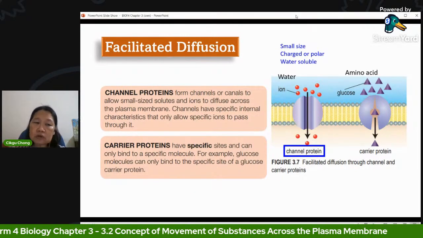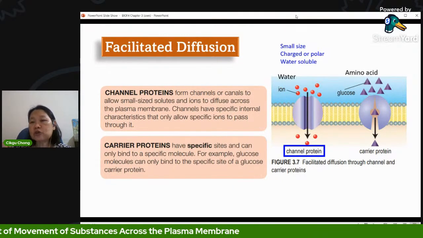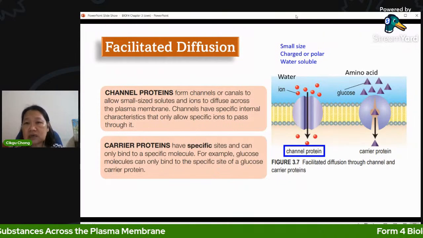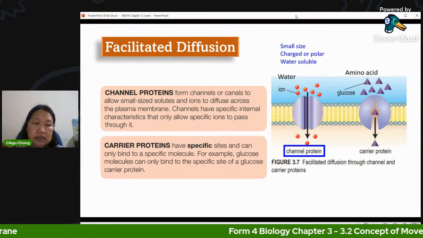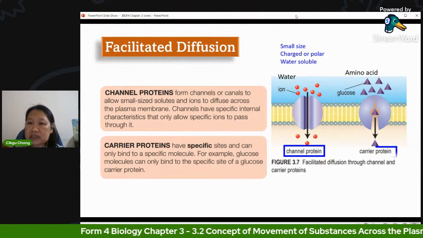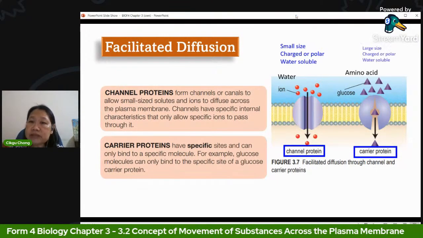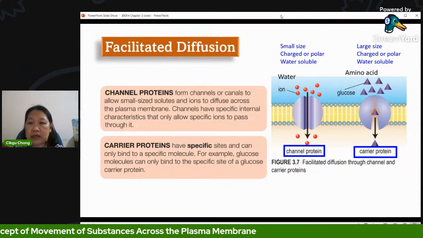For example, glucose molecules can only bind to the specific site of a glucose carrier protein. These transport proteins are not multi-purpose. They are only specific to carry a certain type. So what can pass through a carrier protein? Large size, charged or polar, and also water soluble.